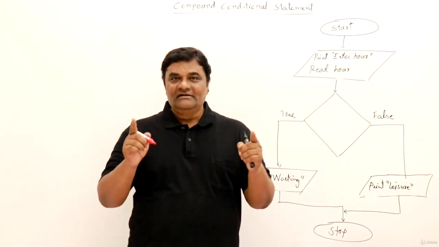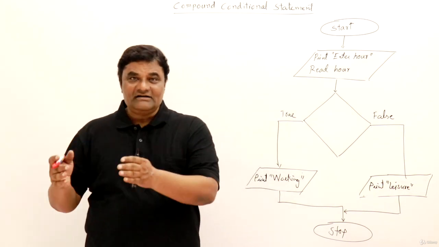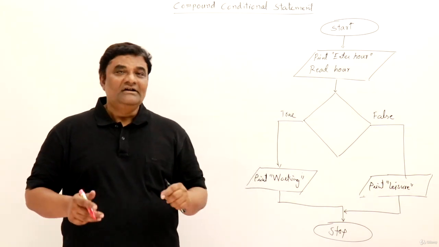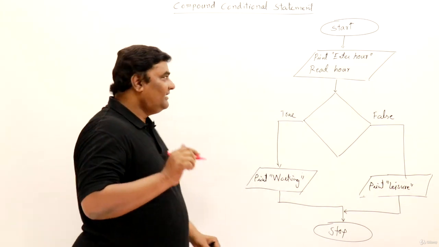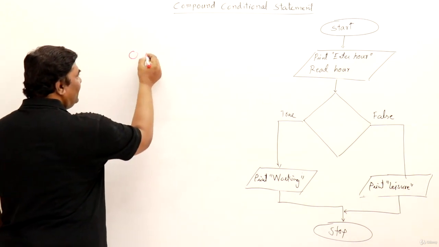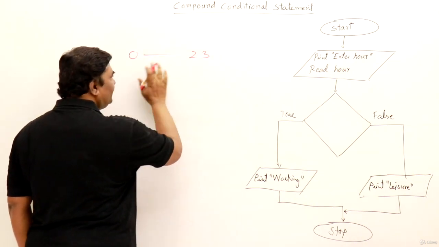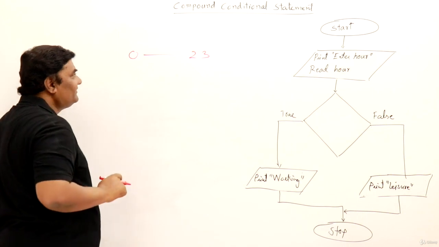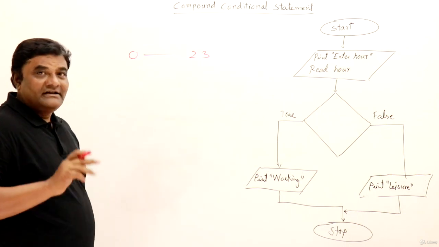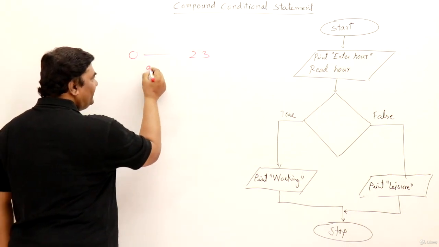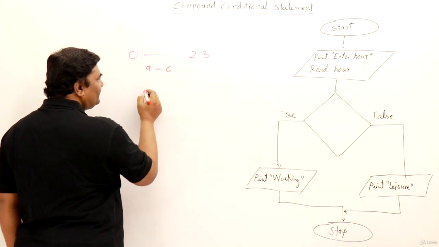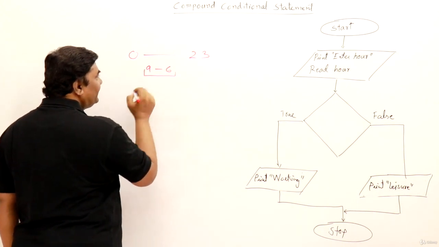See, let us take an example of working hours and leisure hours. In a day, the hours start from 0 hour to 23 hours, total 24 hours. Now in this, from morning 9 o'clock to evening 6 o'clock, these are taken as working hours.